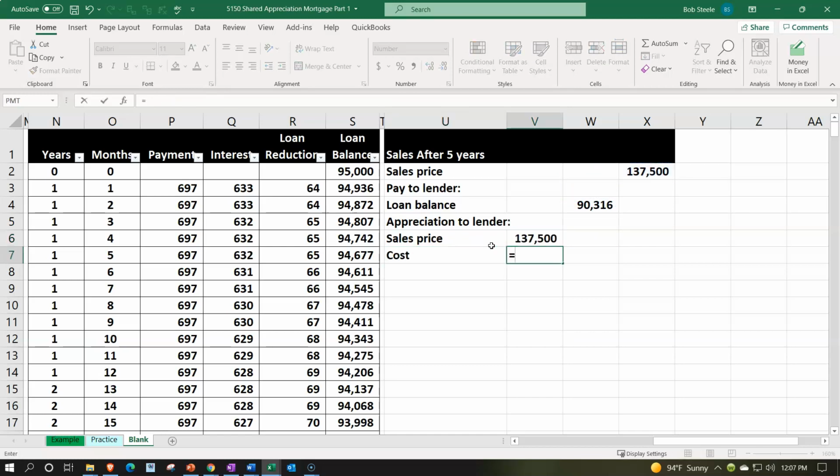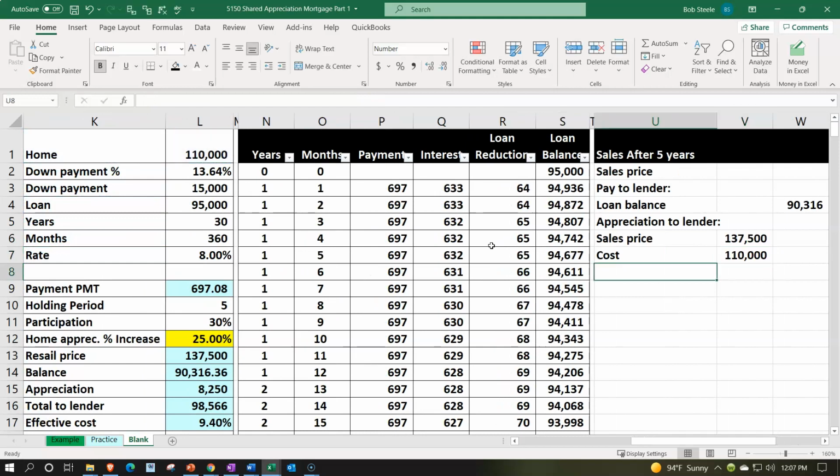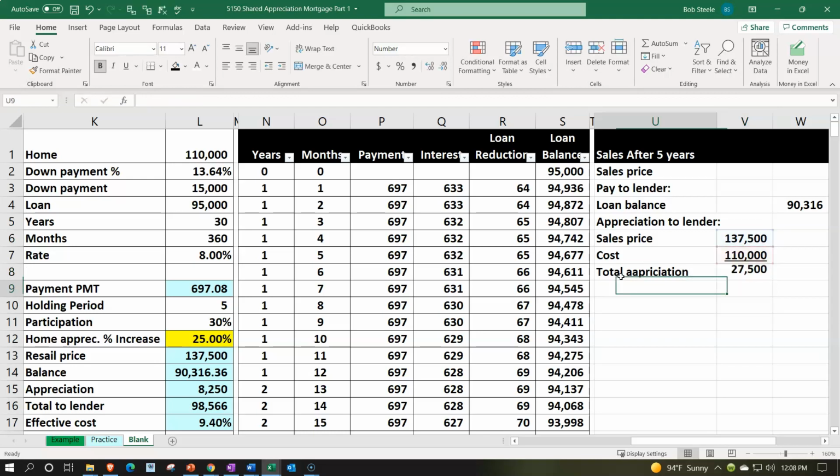So we purchased it for the cost of, not the loan amount, but the cost of the 110. That means, let's put an underline there, font group underline. It went up and down in value. So let's call it total appreciation is equal to the 137.5 minus the 110.